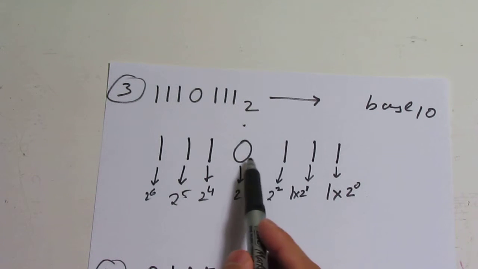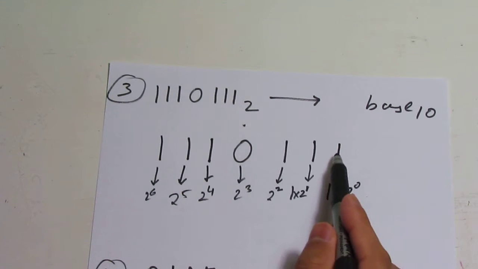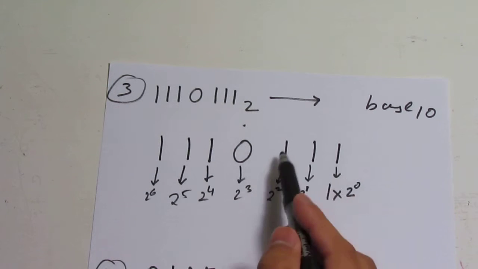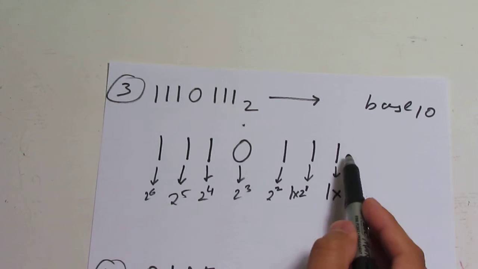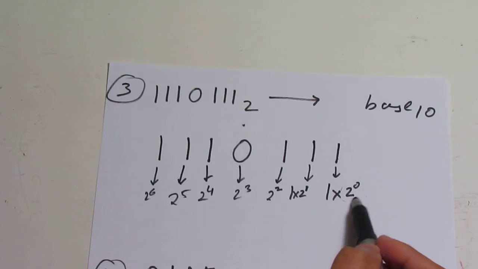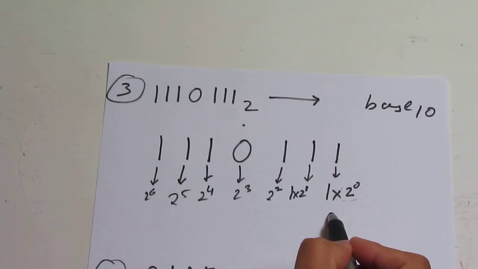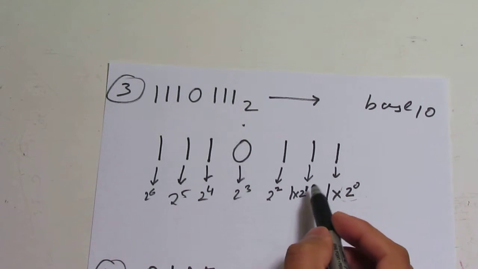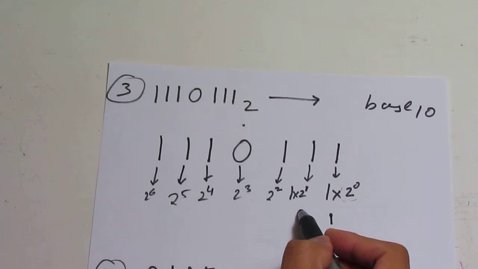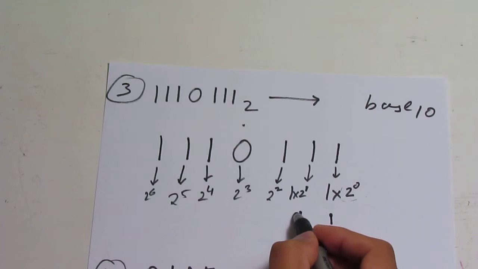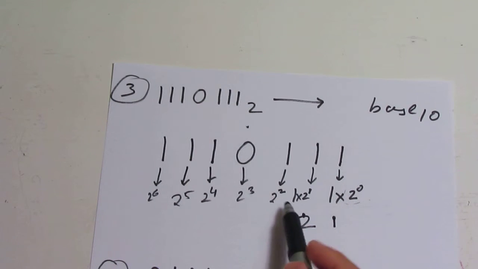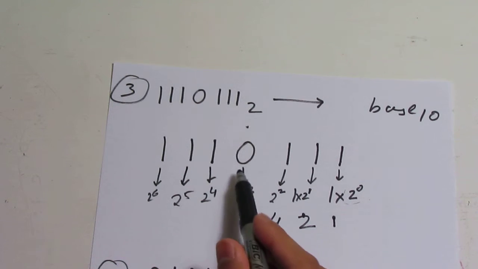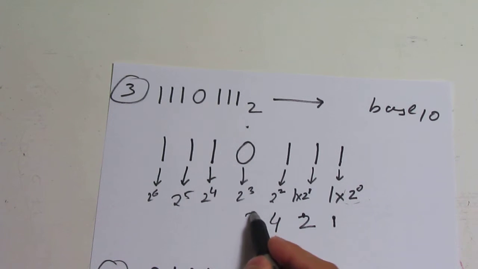So we ignore the 0 and bring down all the ones. So 1, we have 2 to the power 0, so this will give us 1, and then 1 times 2 to the power 1, I'm sorry, that would be 2, and then 2 squared would be 4, and then 2 cubed, since it's 0, we ignore this, so we write 0.